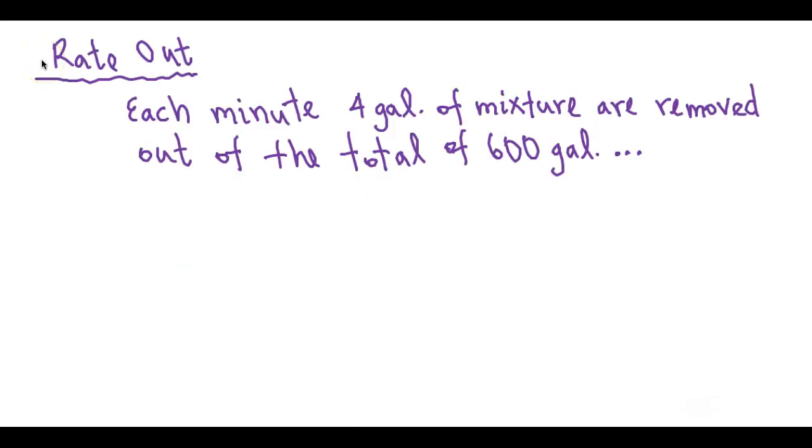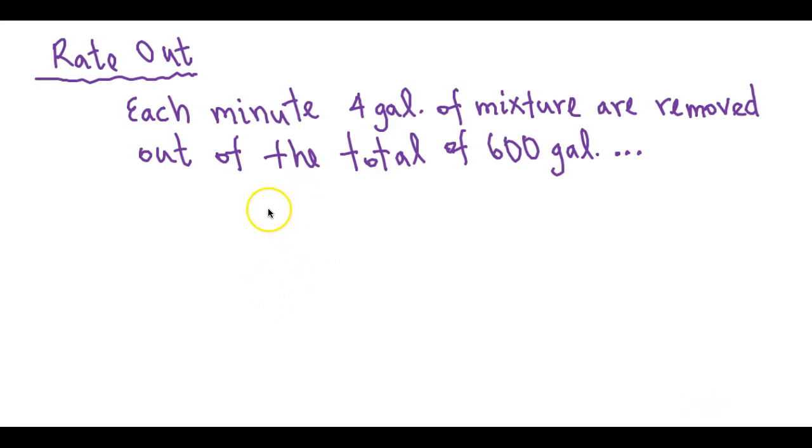On the other hand, concerning the rate out, for every minute that passes, there are 4 gallons of mixture. This is a homogeneous, well mixed or well stirred solution. 4 gallons of mixture are removed out of the total of 600 gallons.